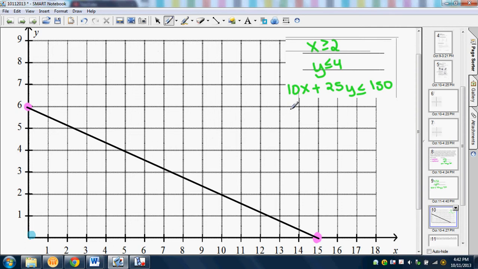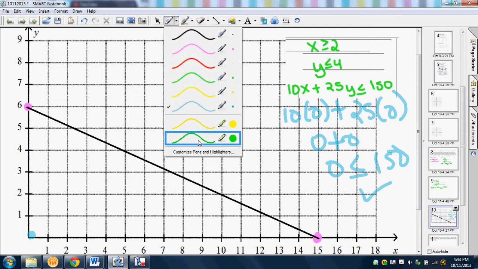So if I'm going to plug in 0, 0, 0 for x and 0 for y, that's going to be 10 times 0 plus 25 times 0. Well, 10 times 0 is 0. 25 times 0 is 0. So 0 plus 0 is 0. Is 0 less than or equal to 150? Yes, it is. That means this is the region that I'm going to shade in.